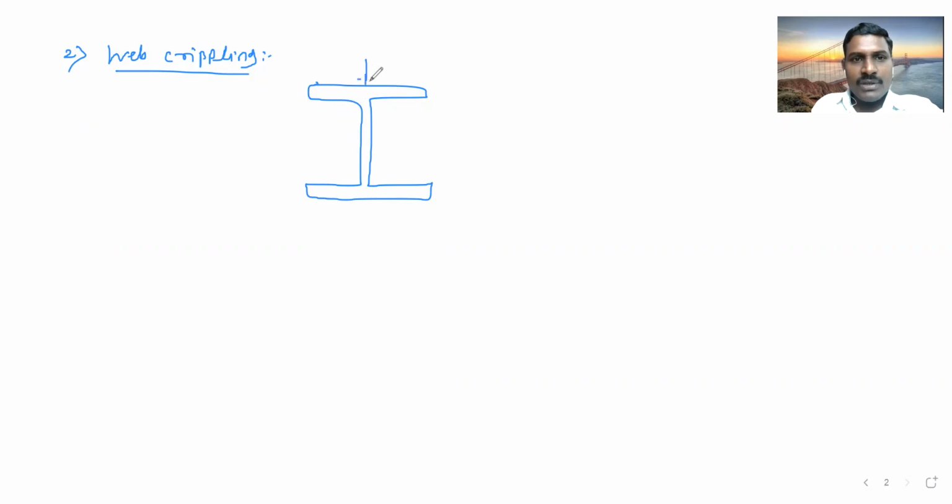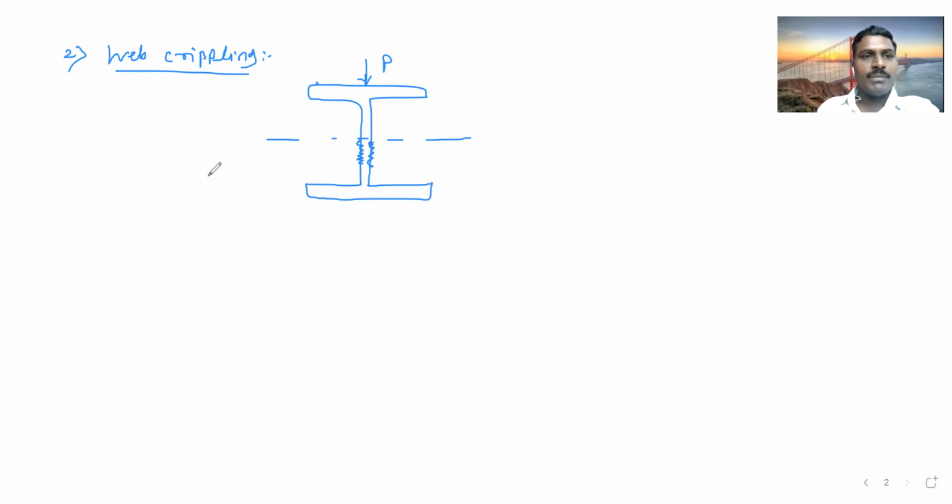So how will the beam fail due to this crippling? This is your load, and this is your neutral axis. What happens due to this excessive load? The beam will be crippled like this, and the failure will start from here.